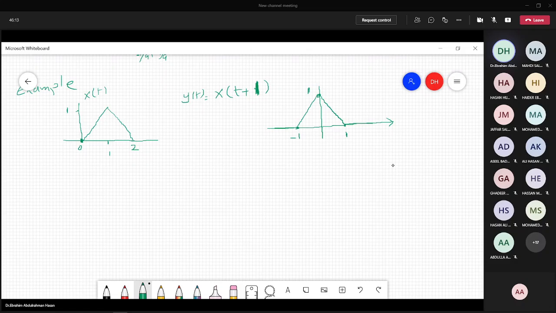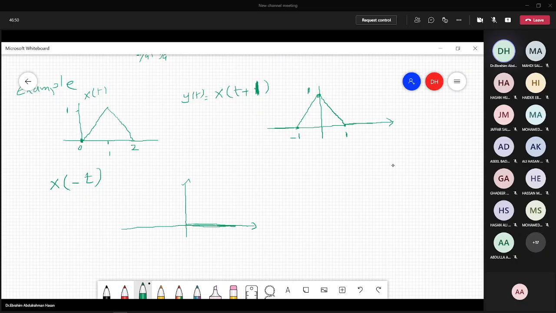Okay, what about x of minus t? So x of minus t, whatever we have on the right, we put it on the left. Whatever we have on the left, we put it on the right. So then for x of minus t, here we have 0, then this part will be equal to 0.